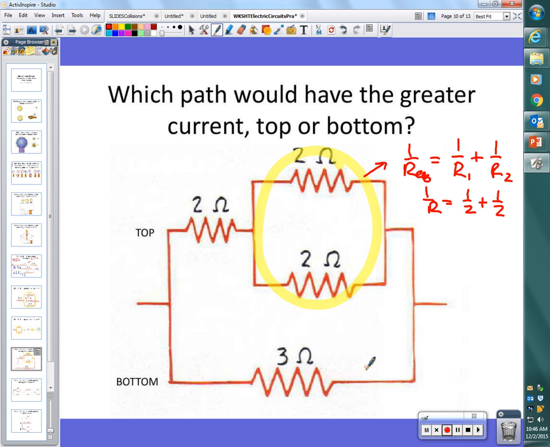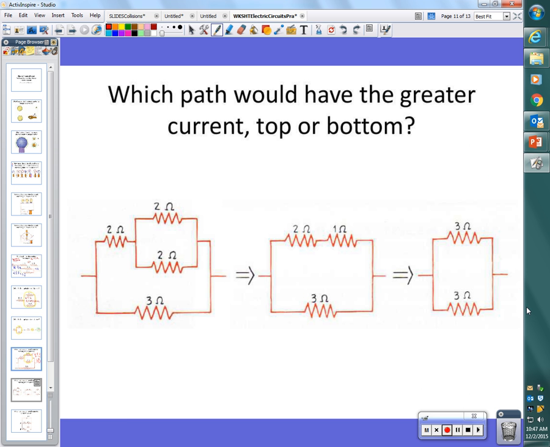So we'd substitute in like that, and solving this equation, the equivalent resistance of this little section in parallel is 1 ohm. And that's what they did in this graphic, replacing these 2 resistors in parallel with that one equivalent resistor of 1 ohm.